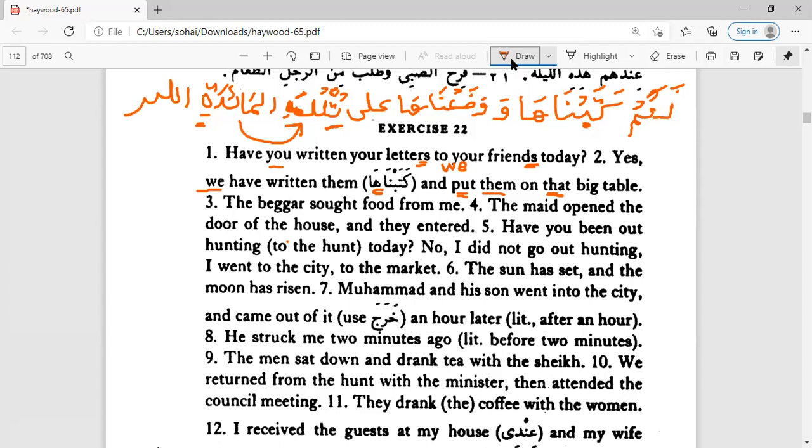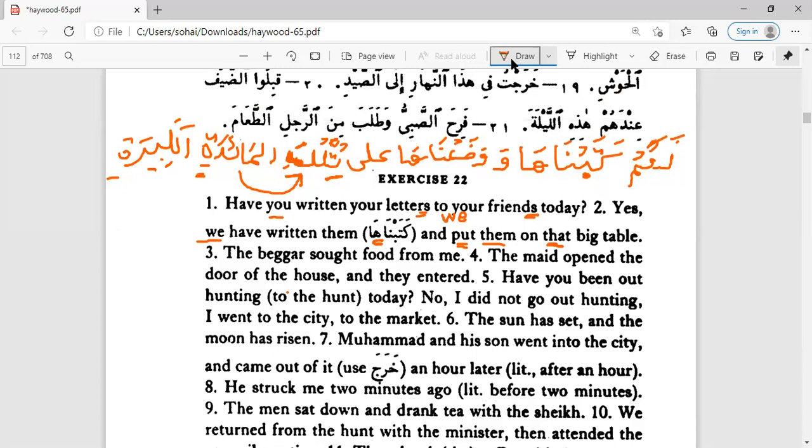Al-kabirati. Kabirati is feminine singular because of the table, and it's the adjective of effectively tilka al-ma'ida. So that's 2.